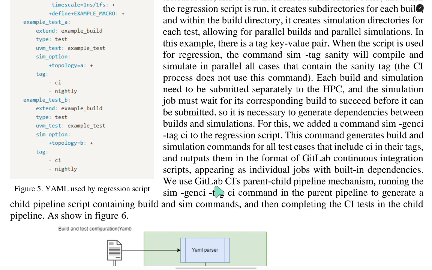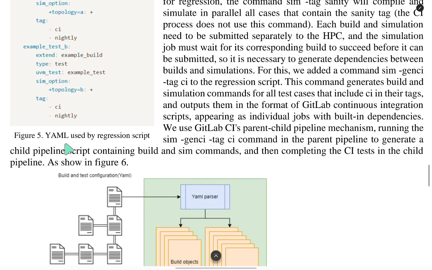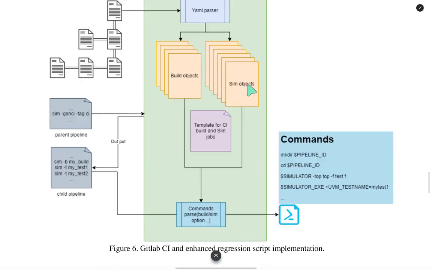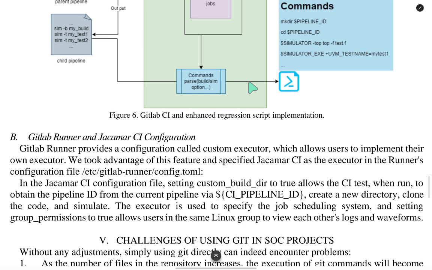We use GitLab CI's parent-child pipeline mechanism to generate a child pipeline script containing build and sim commands and complete the CI test in the child pipeline, as shown in figure 6. Figure 6 is the GitLab CI and enhanced regression script implementation.